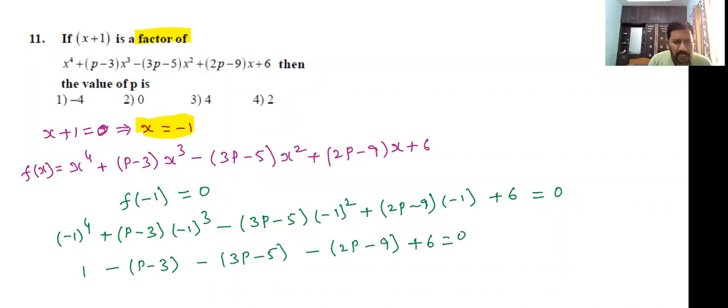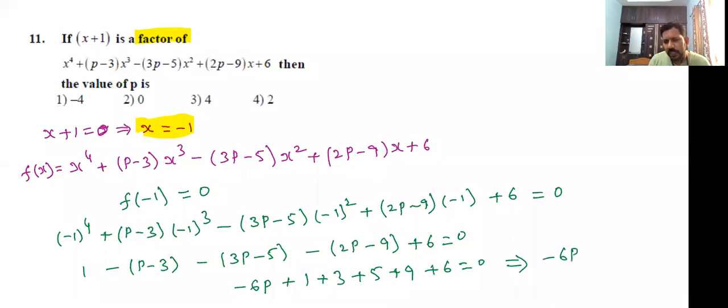Now observe the p terms: minus p, minus 3p, minus 2p. Overall, minus 6p plus 1 plus 3 plus 5 plus 9 plus 6 is equal to 0. 9 plus 5 is 14, plus 6 is 20, plus 4 is 24.